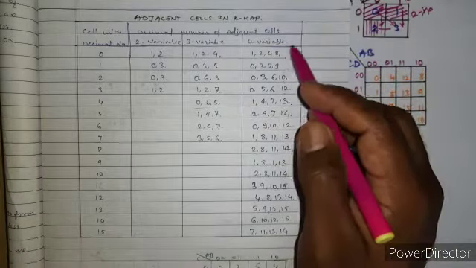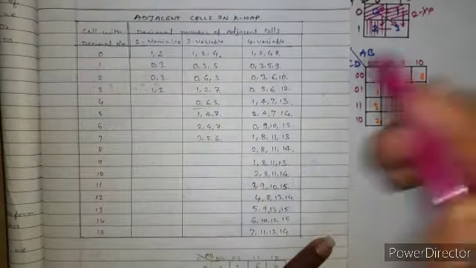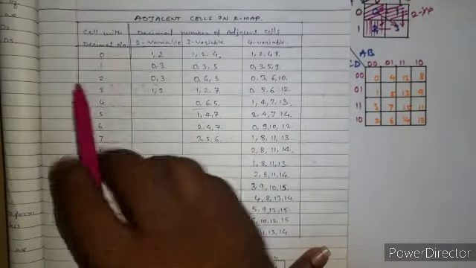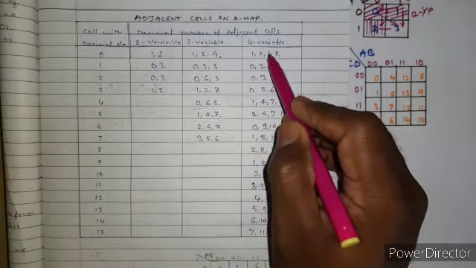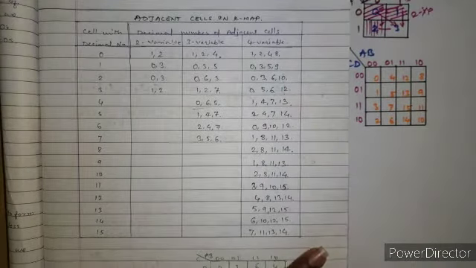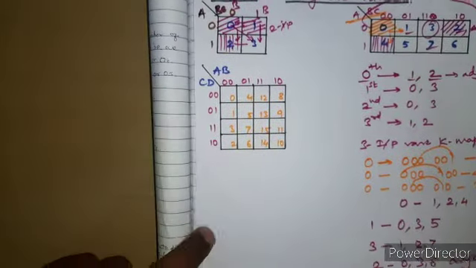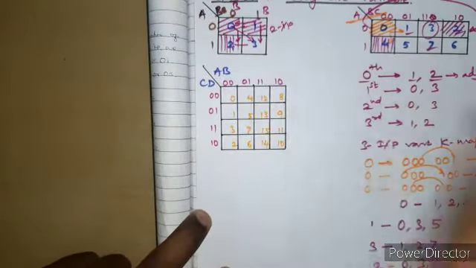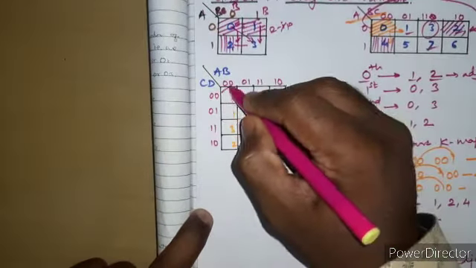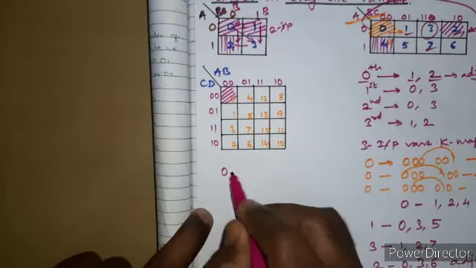Now it's very important and necessary to find for the 4 variables. Now if you consider the 0th cell, you can see we have 1, 2, 4, 8 as adjacent cells, right? Let's see how they are adjacent. I am talking about this 0th cell.